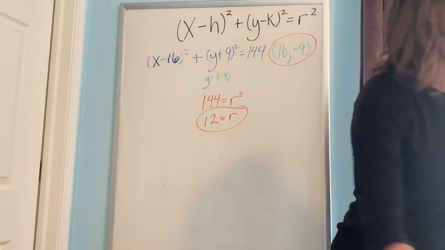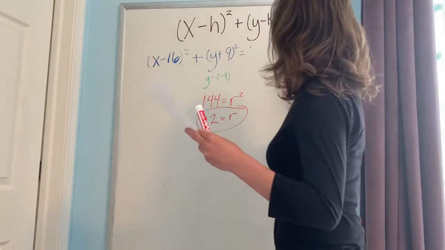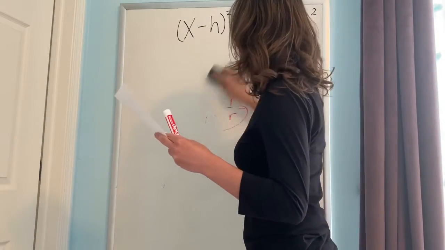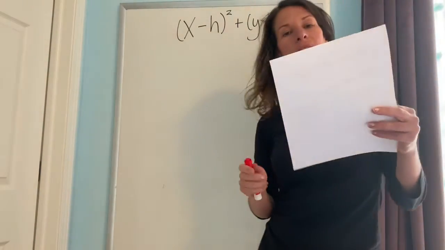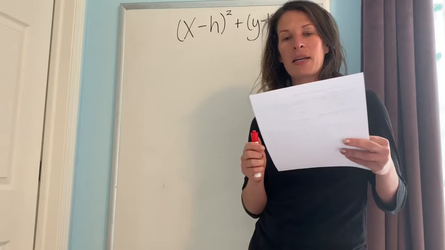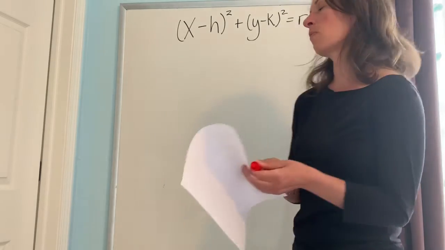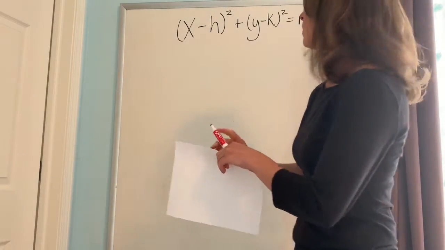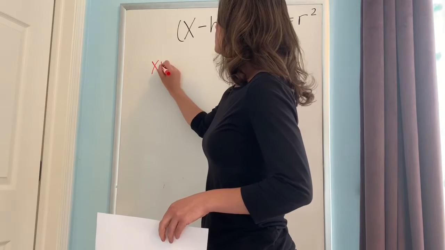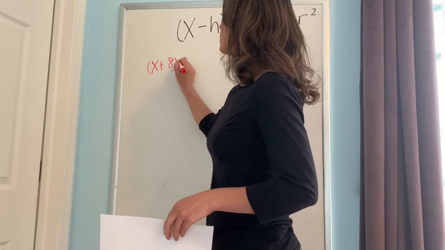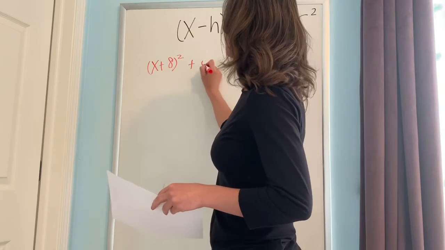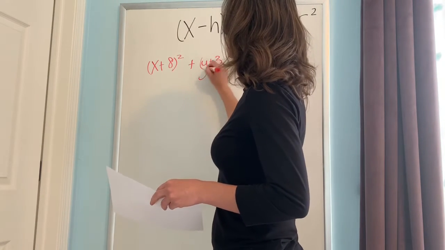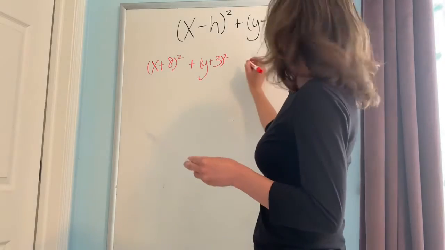Now, let's look at example 6. Example 6 says, find the center and the radius of a circle with the equation (x plus 8) squared plus (y plus 3) squared, and that's equal to 121.